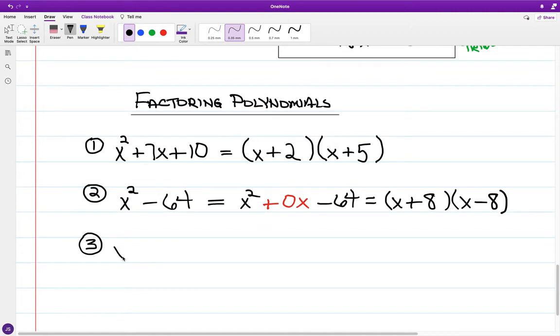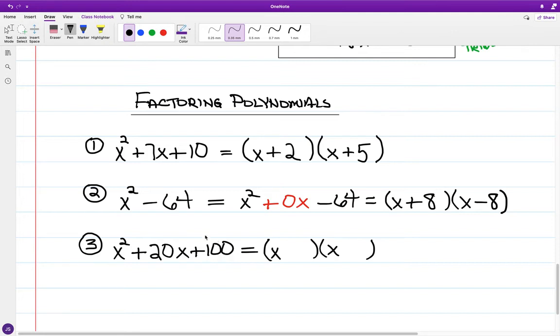And let's say that we have, kind of going back to a squared trinomial, if I were to have something like x squared plus 20x plus 100. Okay, so if I factor, x squared goes to x and x.